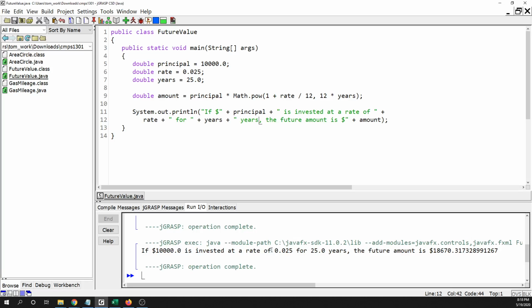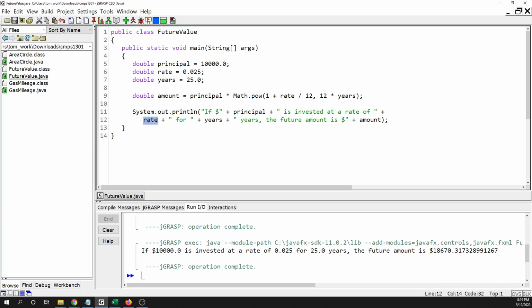One thing is that the rate here is given as a decimal. When you're talking about things like rate out in the real world, there are federal requirements in the United States about how that rate is specified, and usually it's as an annual percentage rate. So maybe having rate right here is not the best way to do it, showing it as a decimal. To convert this to a percent, what we would do is multiply by 100, and you can do that inside here as well.